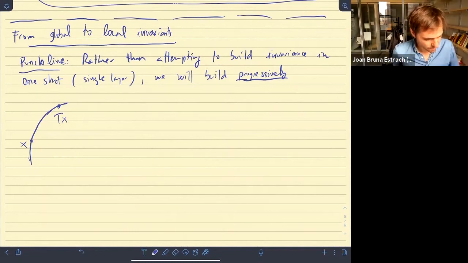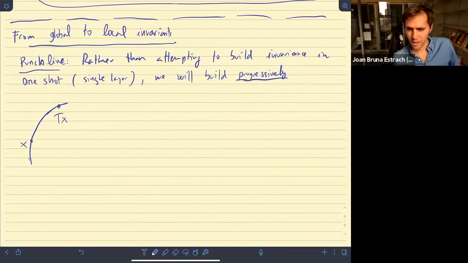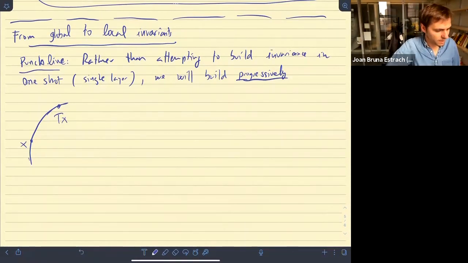Instead of trying to construct a representation that is constant along the orbits, we are just happy if this representation is very smooth along the orbits, so the changes that happen along the orbit are small.